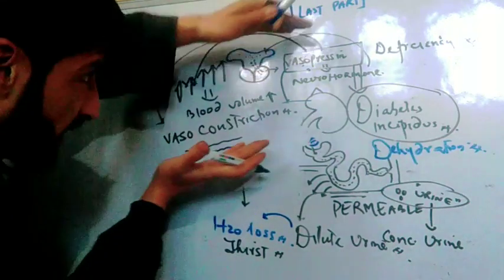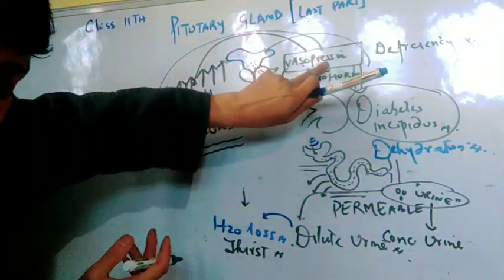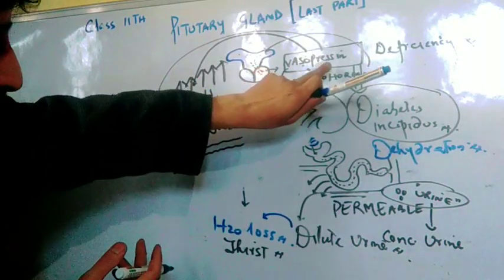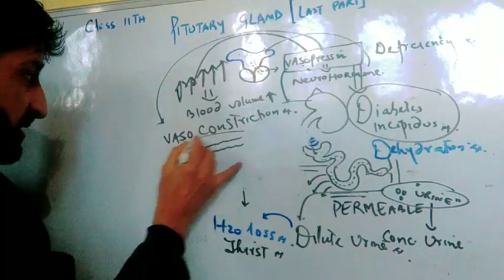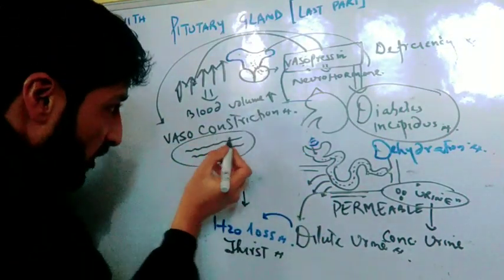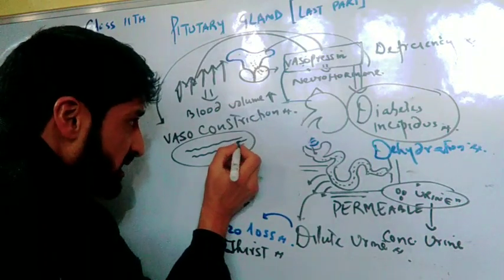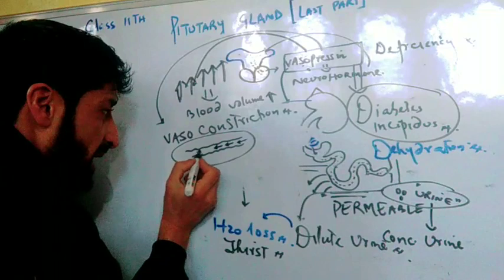Due to this hormone that you call vasopressin, blood vessels undergo contraction. When blood vessels undergo contraction, this means that the area will decrease.